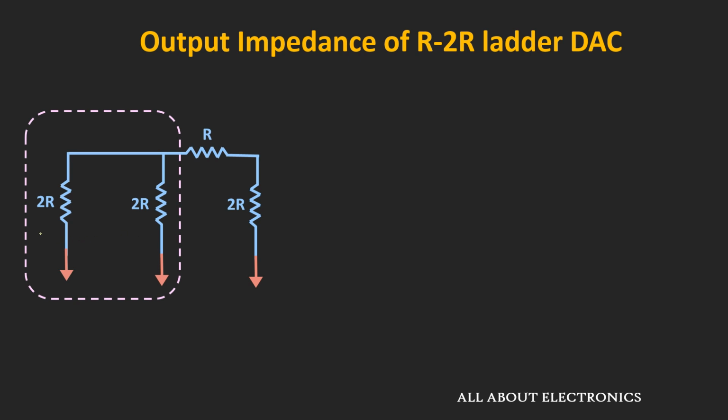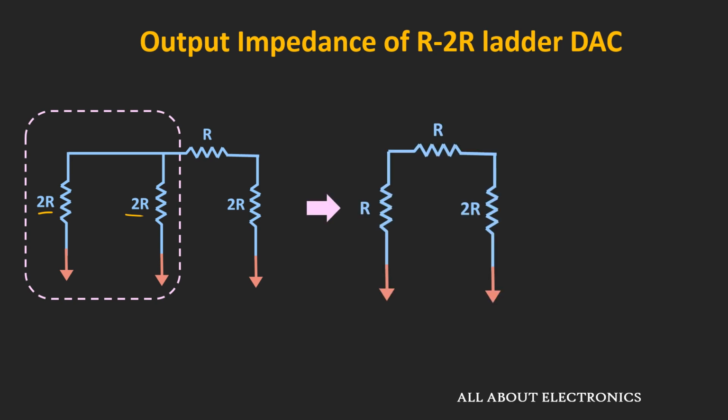Now once again, these two resistors are connected in parallel, so their equivalent resistance will be equal to R. And now these two resistors are in series, and that combination is once again in parallel with this 2R. So the overall output impedance will be equal to R plus R in parallel with 2R, that is equal to R. So from this, we can say that the overall output impedance is equal to R. Regardless of the number of bits, the output impedance of this ladder network remains R.